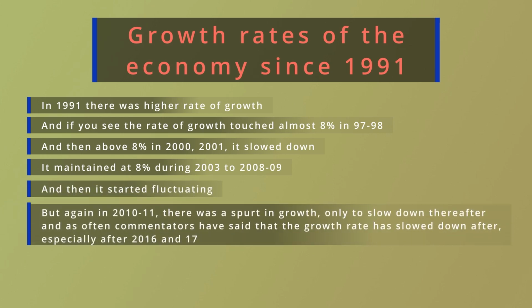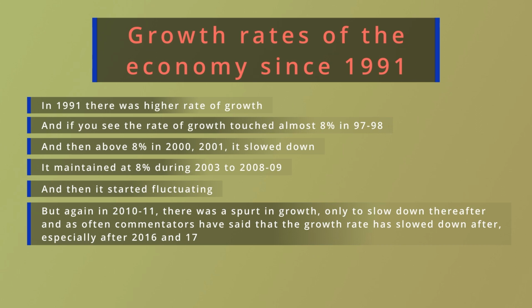But again in 2010-11, there was a spurt in growth, only to slow down thereafter. And as commentators have often said, the growth rate has slowed down especially after 2016-17, and did not revive thereafter.